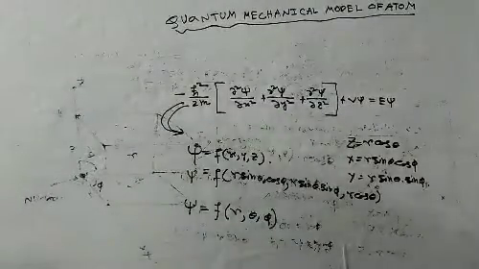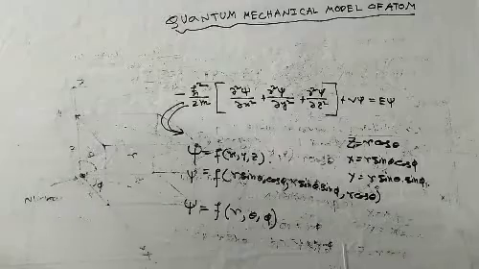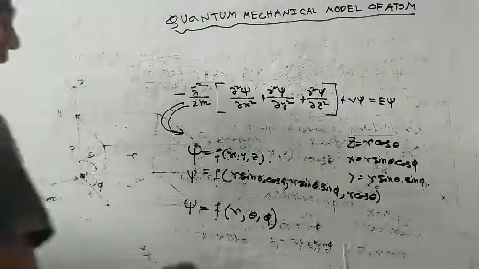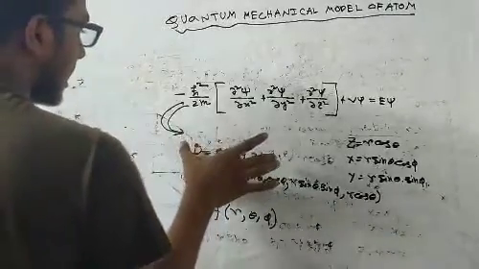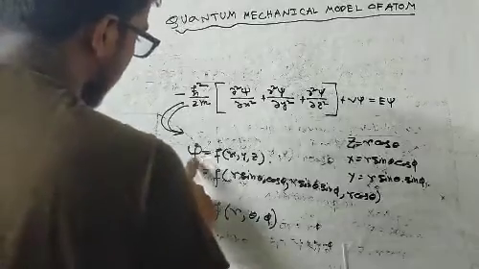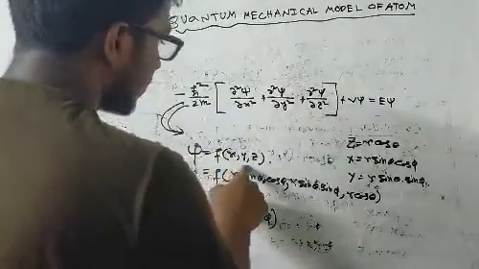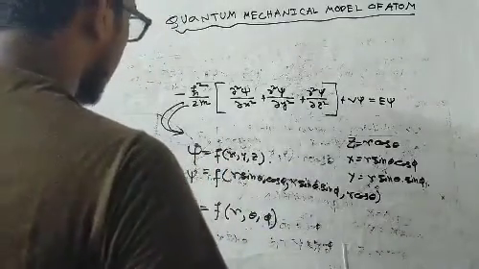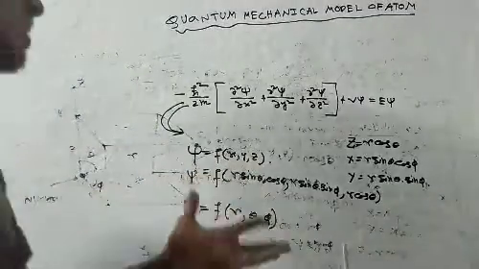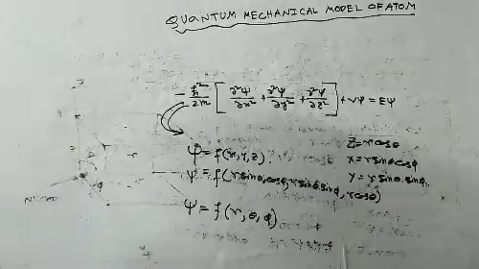So what have we done? At first I got the wave function psi equals a function of x, y, z. Then I determined the values of x, y, z by considering a cubic region and a reference axis.